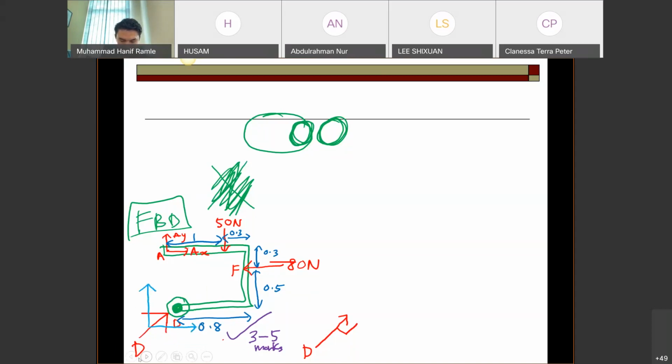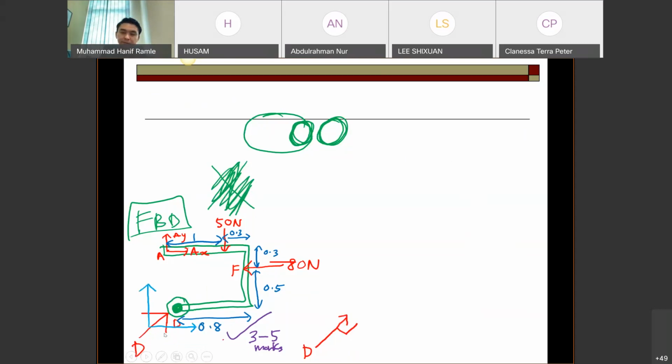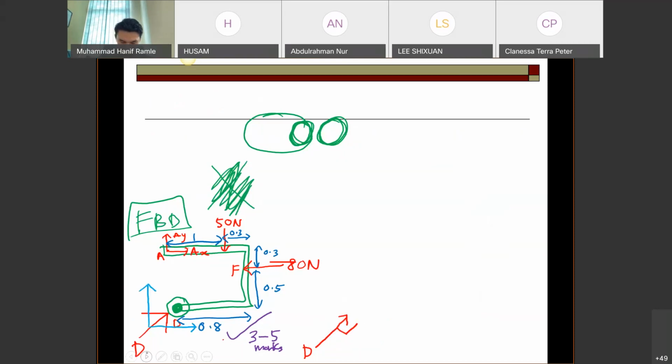The previous slide showed that the degree is 30 degrees. Let me check again. Okay, it's located there, should be like this. This is the line, and the 30 degrees should be here. So for the DX and DY, it's based on the D as well.